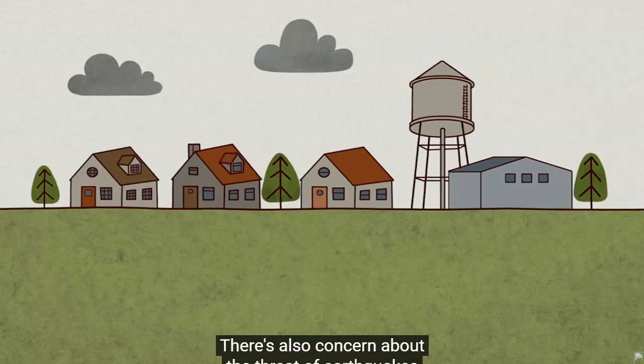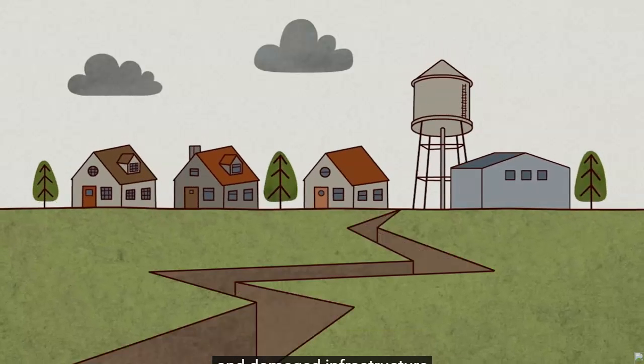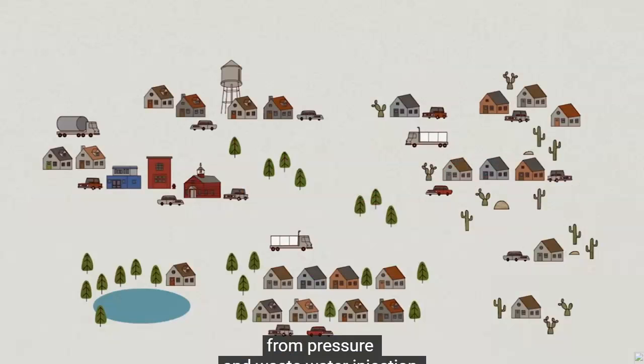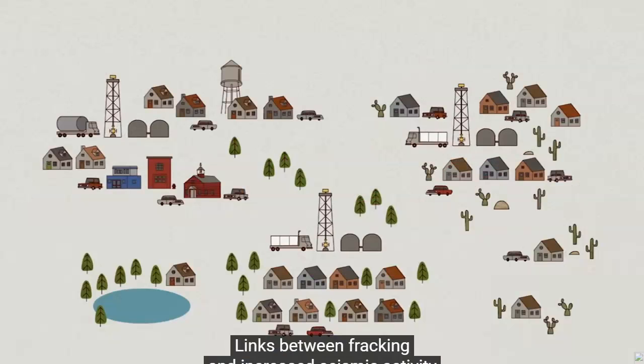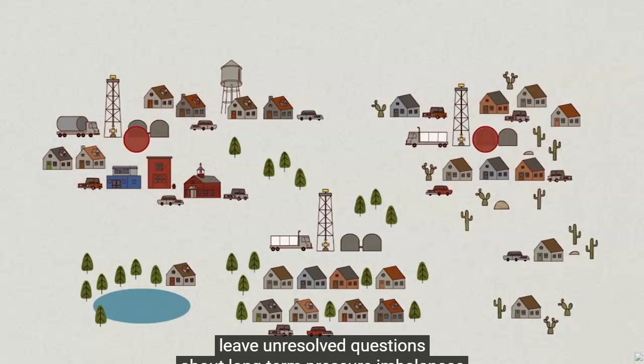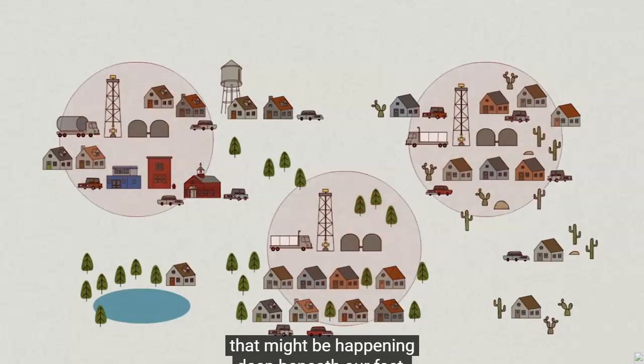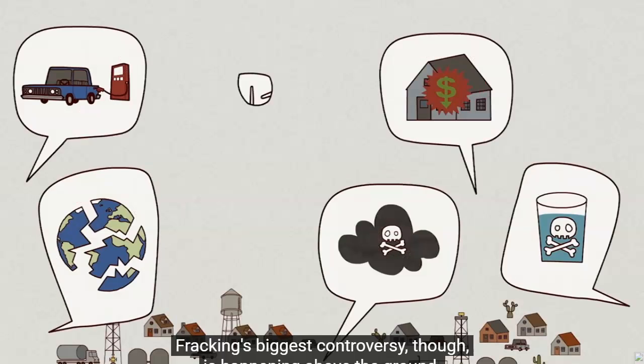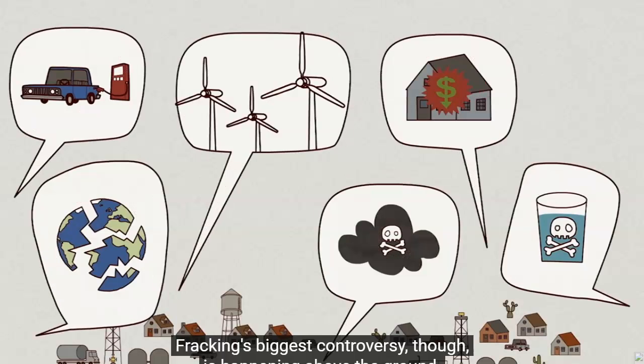There's also concern about the threat of earthquakes and damaged infrastructure from pressure and wastewater injection. Links between fracking and increased seismic activity leave unresolved questions about long-term pressure imbalances that might be happening deep beneath our feet. Fracking's biggest controversy, though, is happening above the ground.